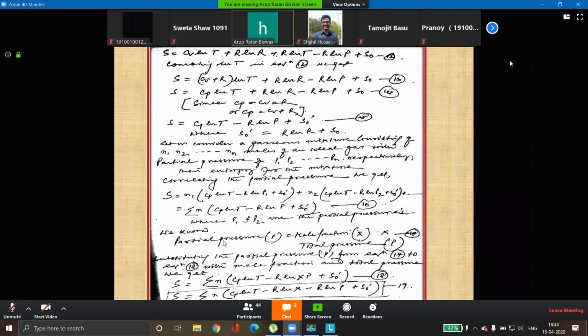So partial pressure is equal to mole fraction into total pressure. So we write R ln xP plus S0 prime, and therefore the last equation is the summation of N Cp ln T minus R ln x minus R ln P plus S0 prime. This is equation 19. This is the whole derivation of the entropy of a mixture of ideal gases.